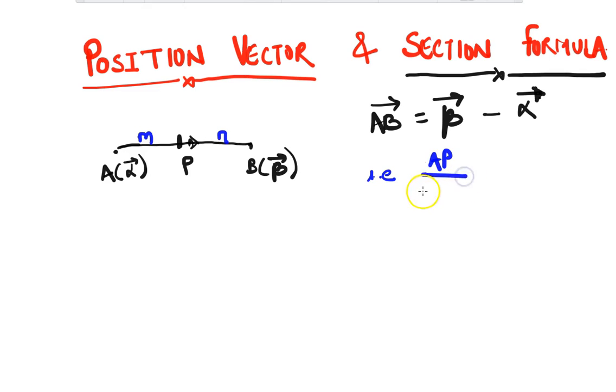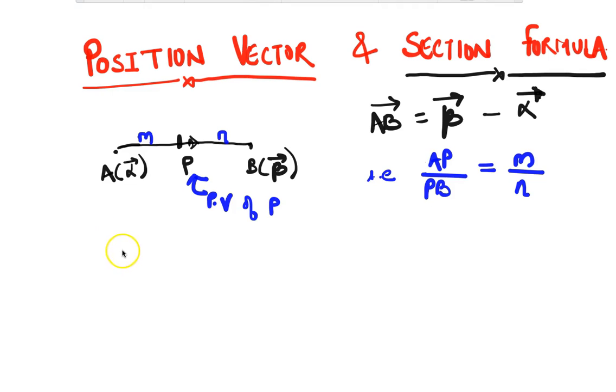AP by PB is equal to m by n. If you want to find the position vector of this point P, how would you find this out?